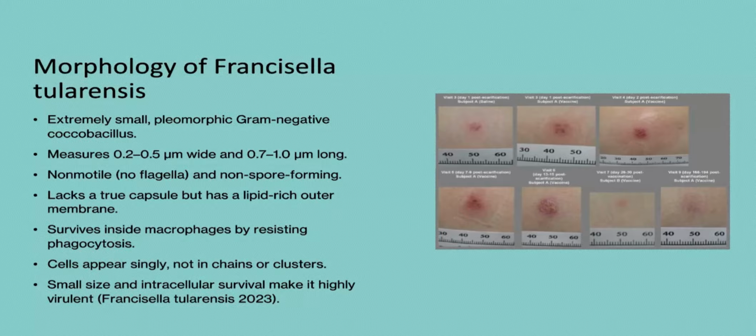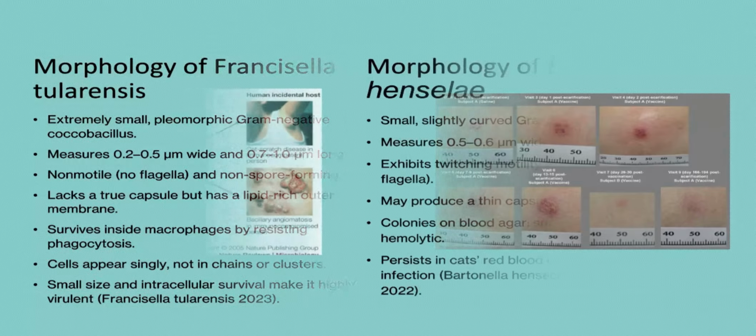Cells are usually observed singly rather than in chains or clusters, which is a distinguishing feature when examining infected tissues. This combination of small size, intracellular survival, and resistance to immune defenses makes F. tularensis a highly virulent pathogen capable of causing severe disease in humans.